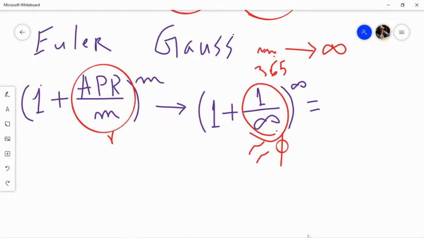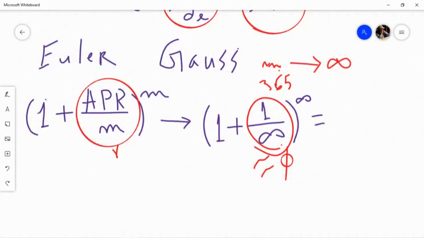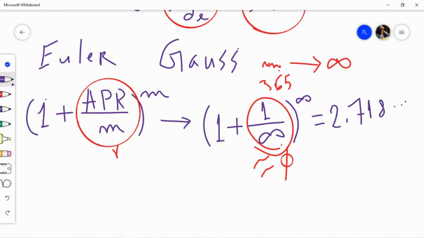But the problem is that this is not significantly greater than 1, but just slightly greater than 1. It is like 1.0000000000000, infinitely many 0s and then 1. You raise it to infinity, it's not going to be a large number. It's just going to be about 2.718 something.